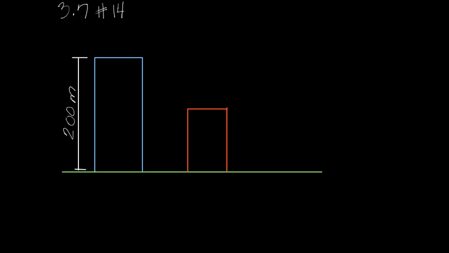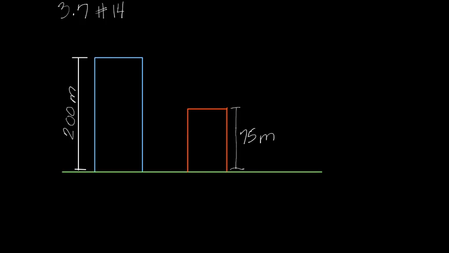Now, if you read through the problem, it says a ball is dropped from the roof of a building 200 meters high. Its distance above the roof of a neighboring building, which is 75 meters high, is given by this formula. That's kind of a tricky way to word things, but what it means is that this building is 75 meters tall.